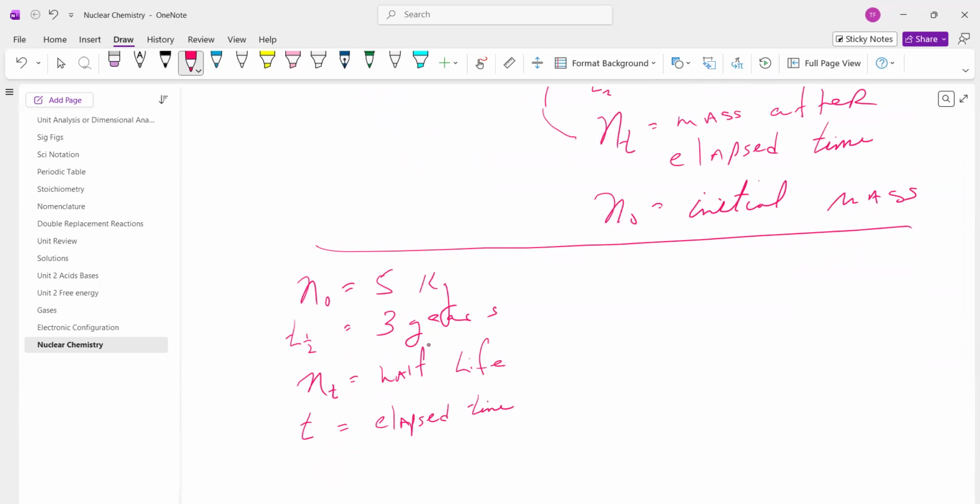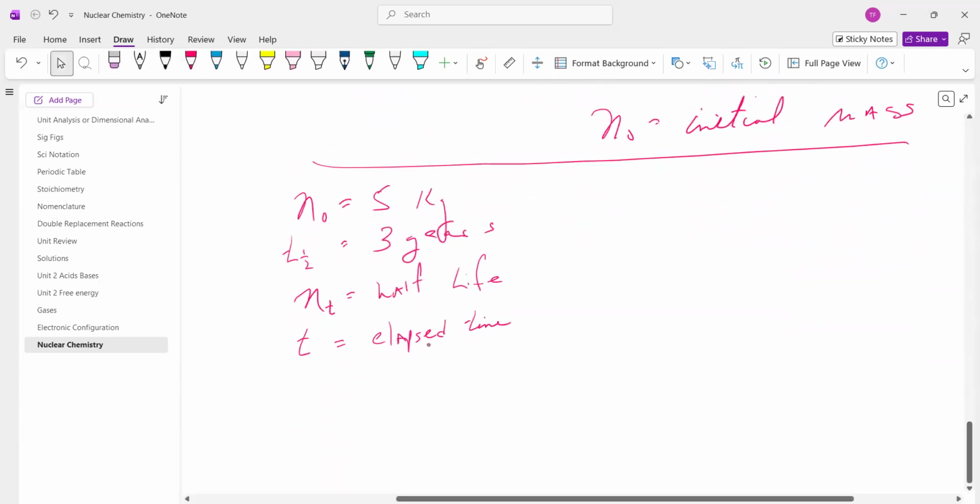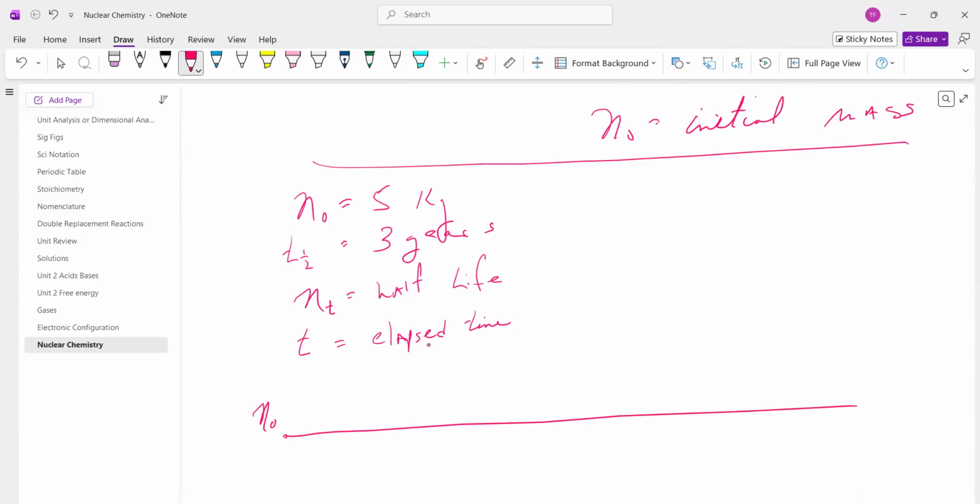Okay, so let's look at this on a timeline. We're going to start right here. That's our initial mass, n sub 0. And we go three years. What is our mass here? So 3 years has elapsed.